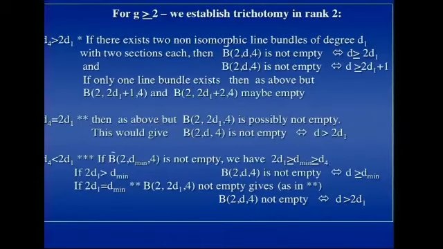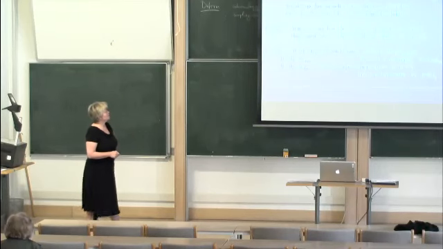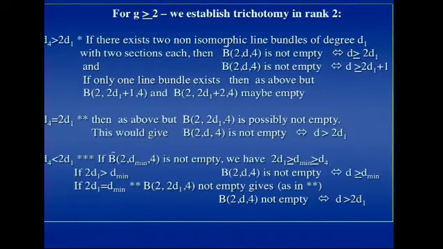If your curve has at least 2 bundles that are not isomorphic, then we can construct certain extensions of these bundles by two vector bundles, and we can prove that the semi-stable ones are not empty if your degree is bigger than 2D1, so twice gonality, and stables are not empty if D is bigger than 2D1 plus 1. So this is getting you closer to the curve.